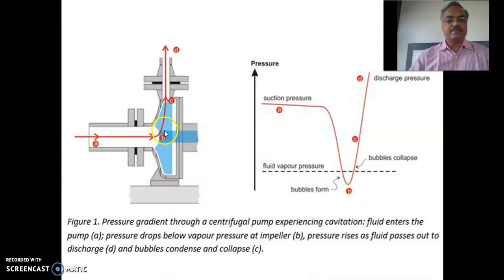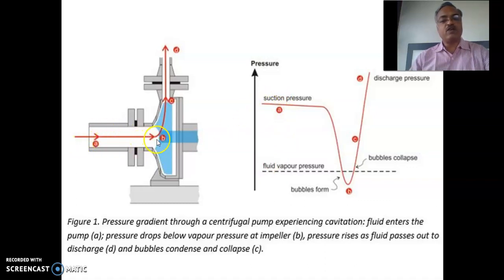Now see again here. This is the suction pipe, this is the eye of the impeller, and this is the exit of the impeller, and it is going to the delivery pipe. We have considered four points here: A, B, C, and D. So see, when water is sucked, the pressure at point A is shown here, suction pressure.